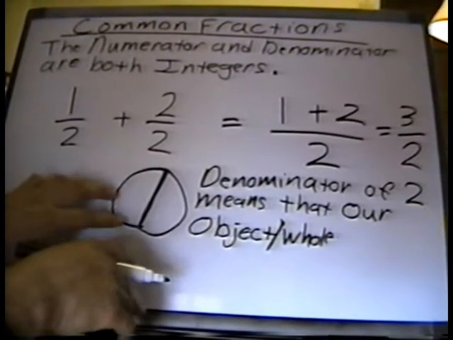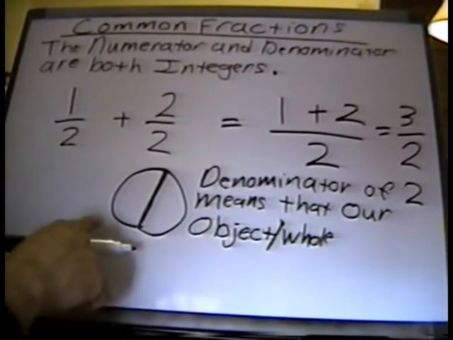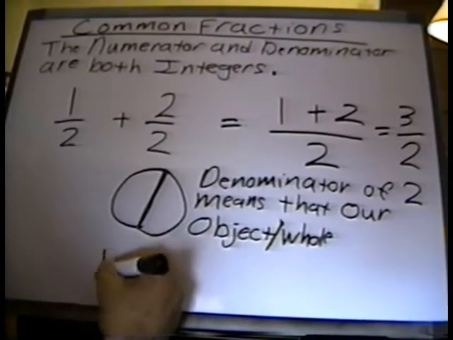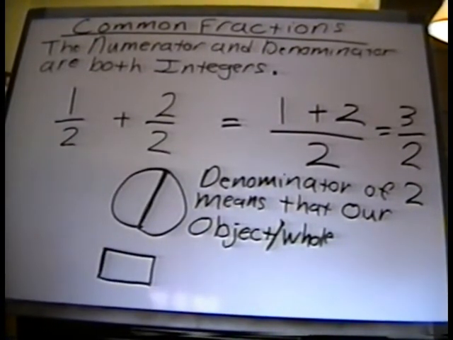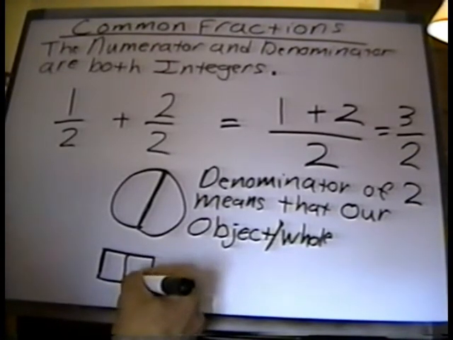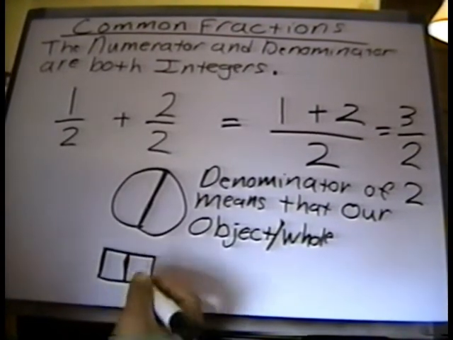So I'm referring to the circle as our object, because you can draw anything. You could draw a rectangle, and you say you cut that in half into 2 parts.